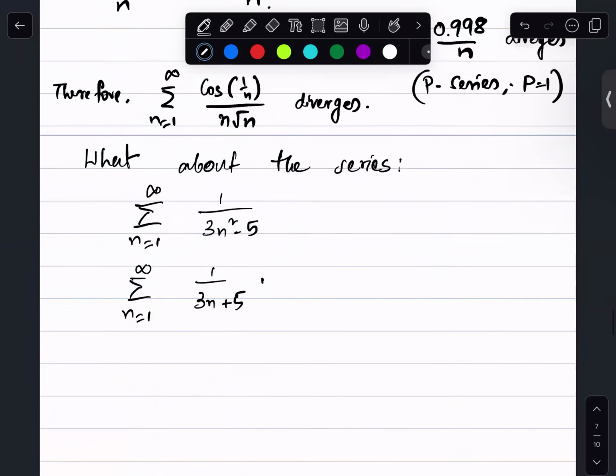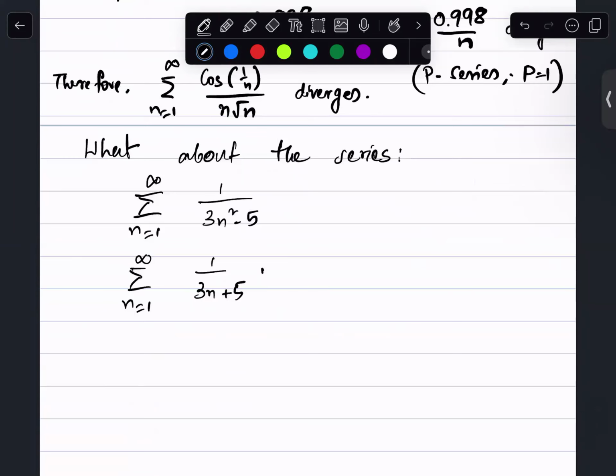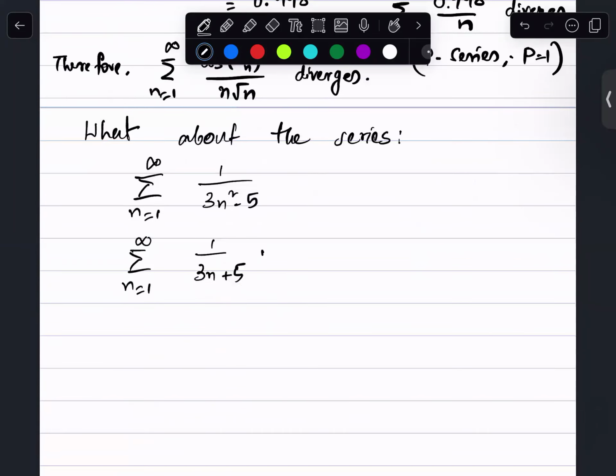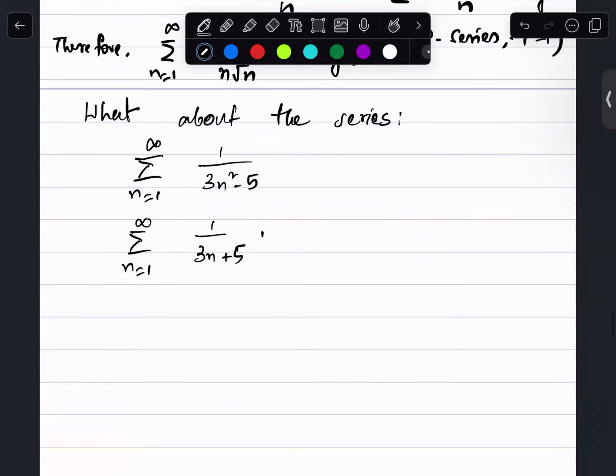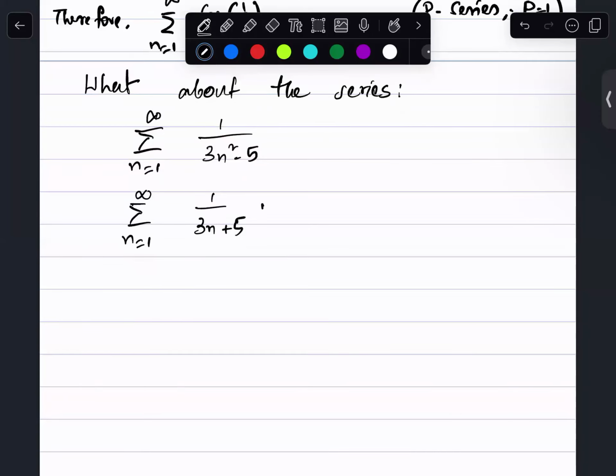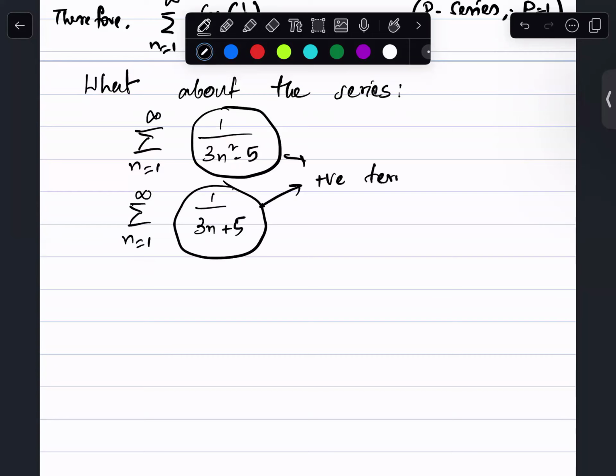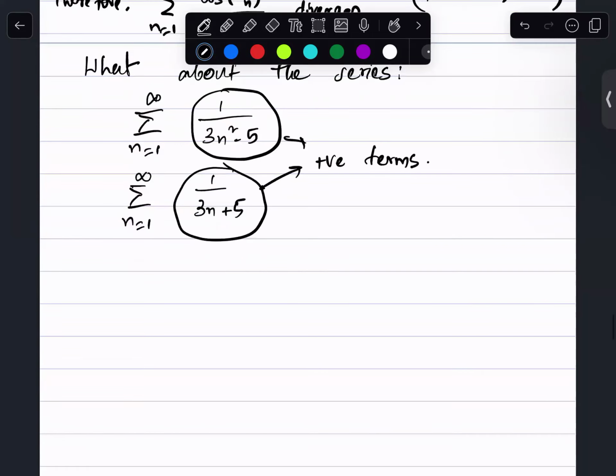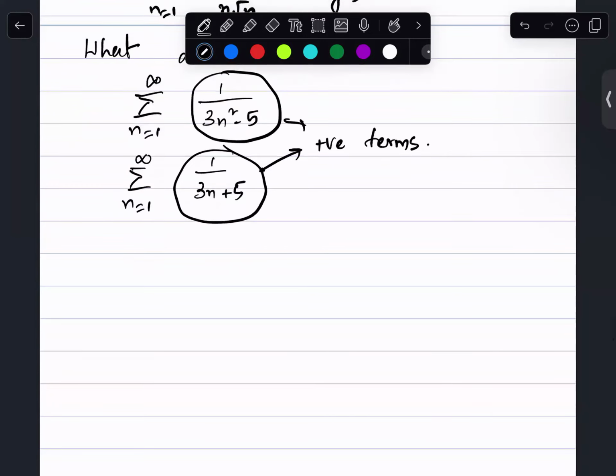Now, for the following two examples, we'll again try to use the comparison test and see what happens. Both of these series have positive terms, so we can at least try the comparison test. In the first example, this is 1, this is 2.